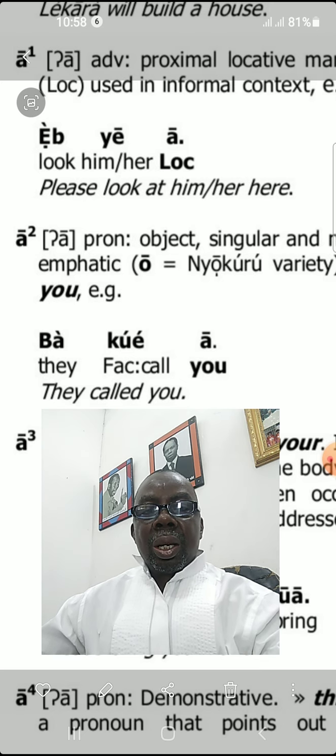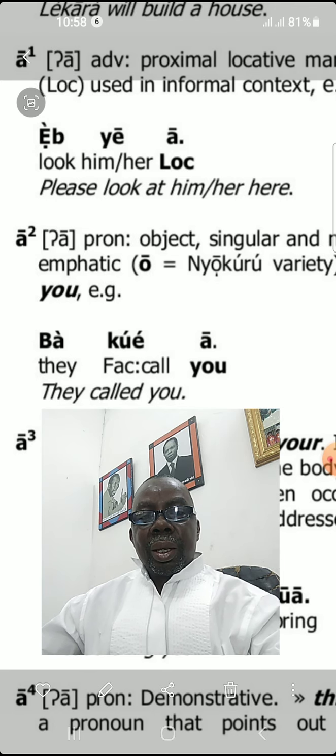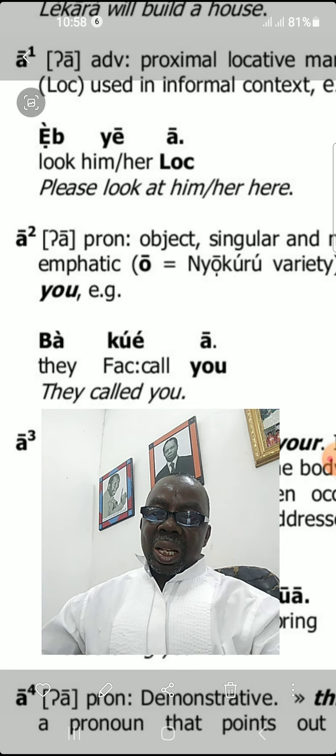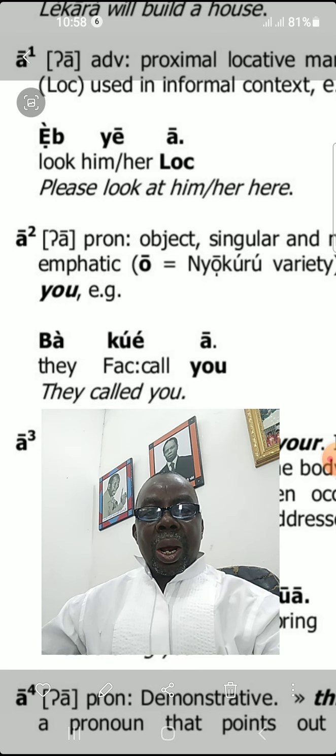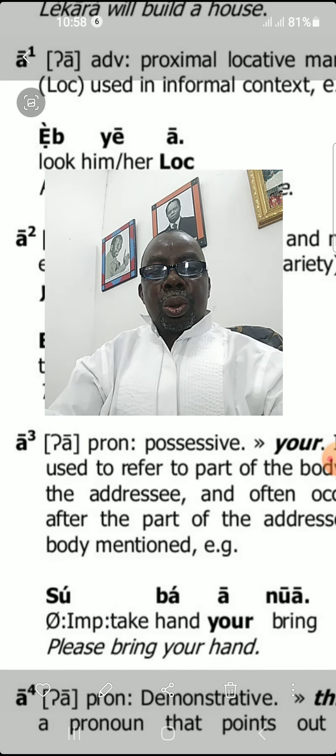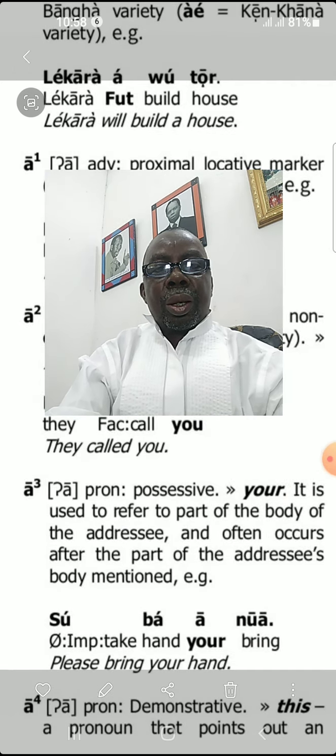The meaning is day in Kana. So you can now say with me that the letter A is used with other letters to spell certain words in Kana. And then let us move on to other functions of A.